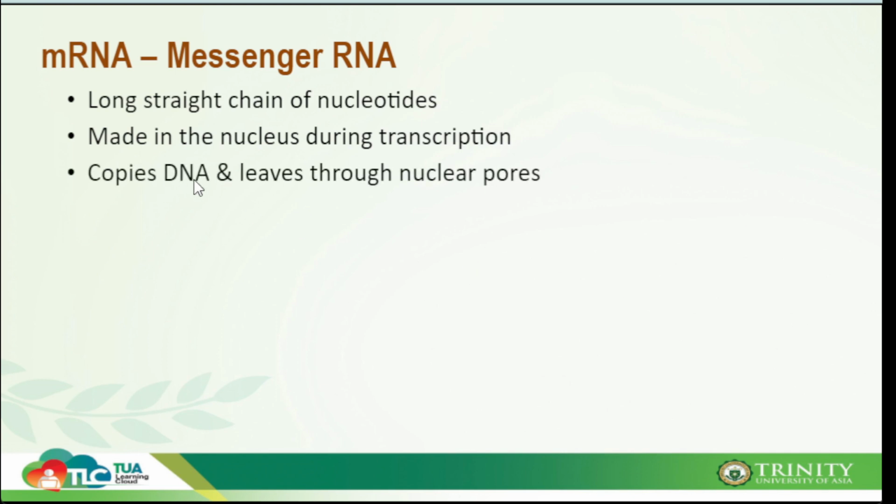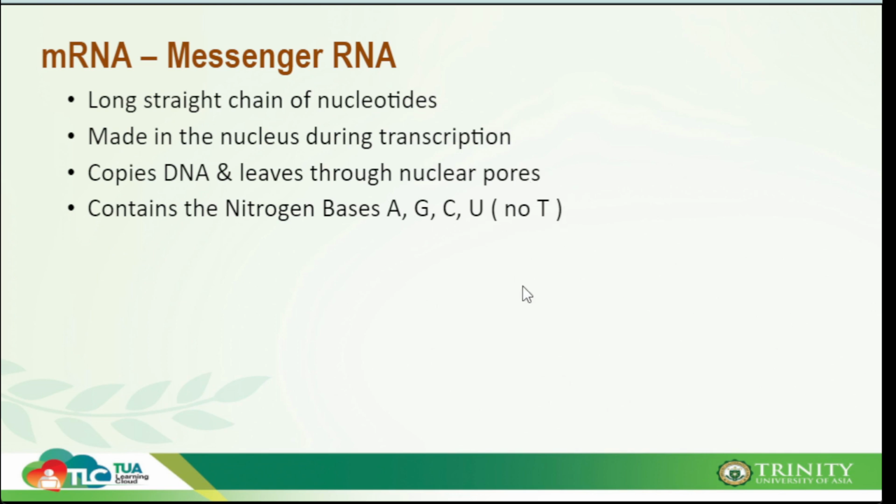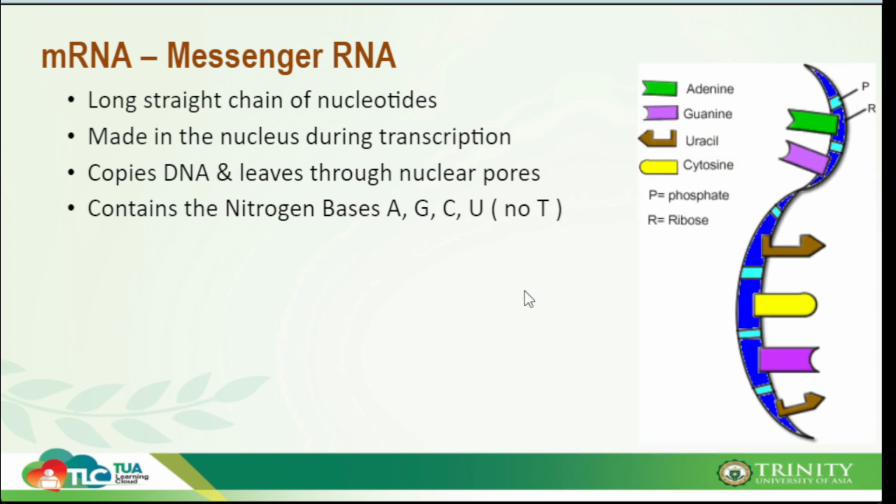So, it copies the DNA and then leaves the nucleus through the nuclear pore. And being RNA, the nitrogenous bases are only A, G, C, and U, and there is no thymine. So here is an image of your mRNA.